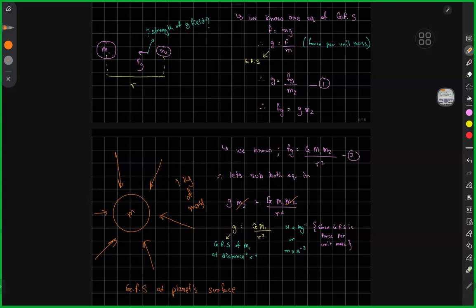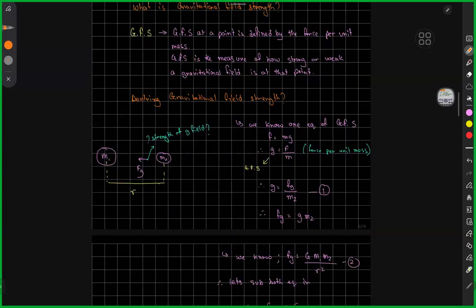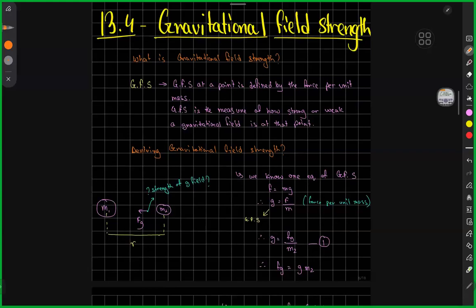Okay, so how do we find out the field strength? The way we find out the gravitational field strength is we use the same formula, but we divide by mass. So gravitational field strength is essentially, at any random point near a mass, the force per unit of mass.